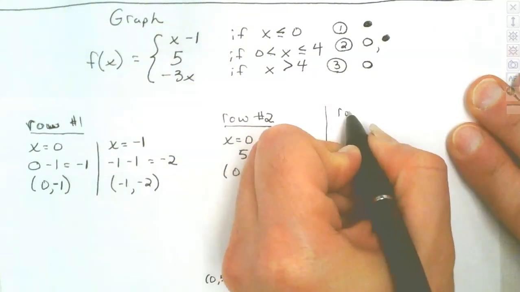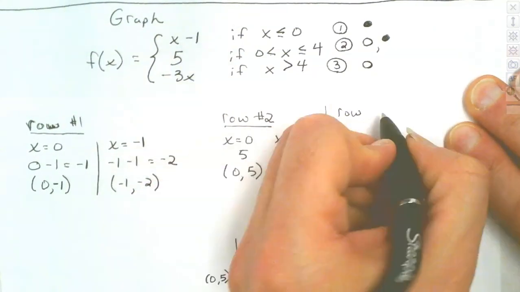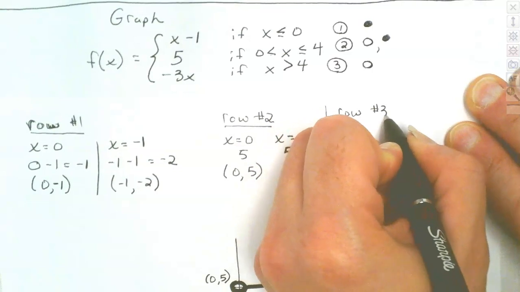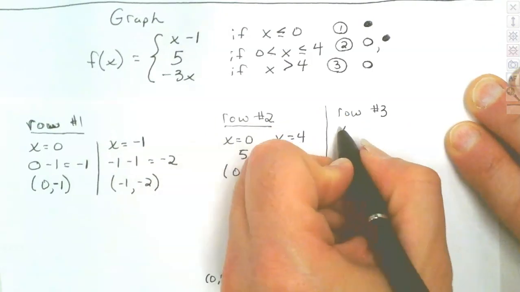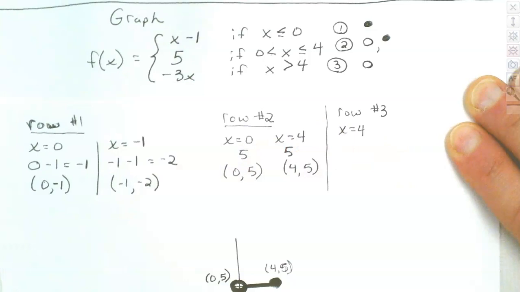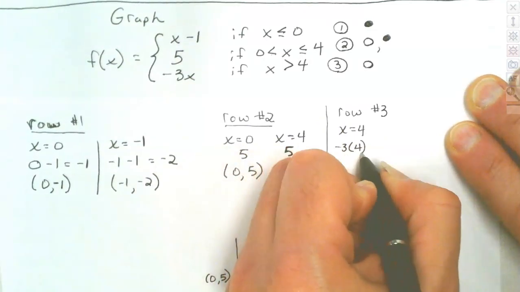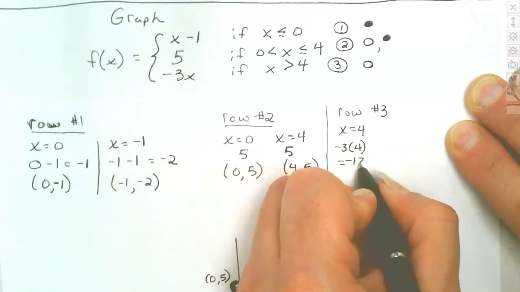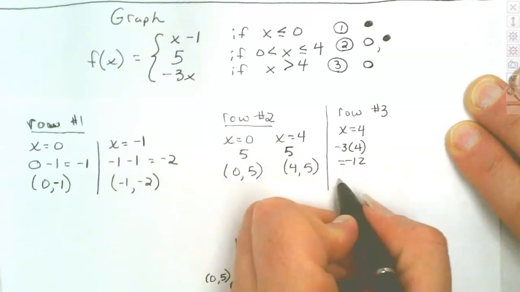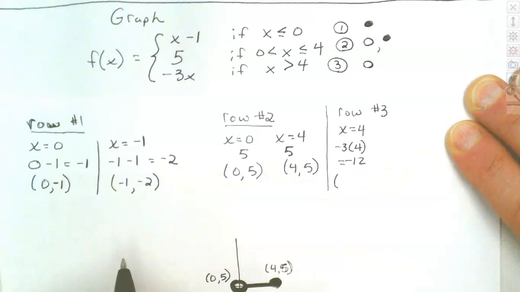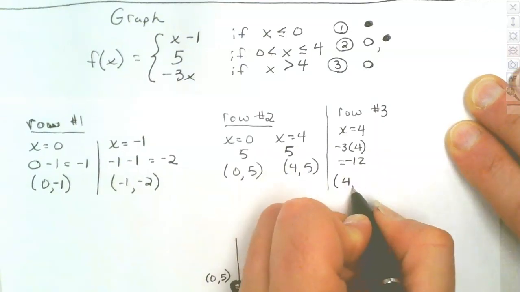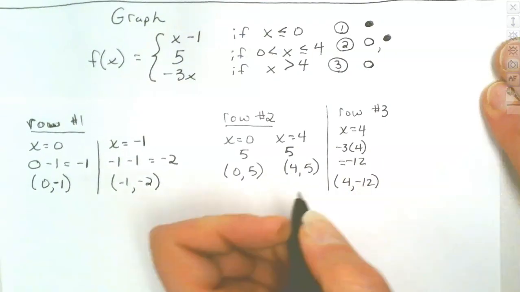So we're going to plug in row number 3. We're going to plug in x equals 4. And if I plug in that 4, then that is minus 3 times 4, which is then a minus 12. So my first point for row 3 is (4, -12).